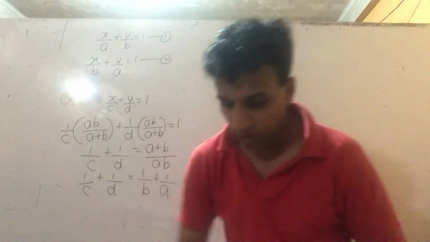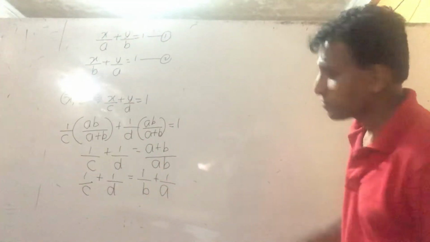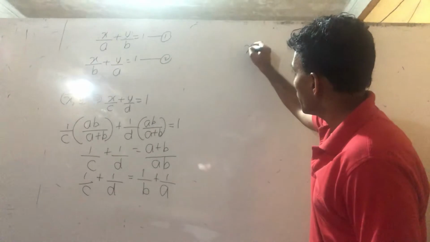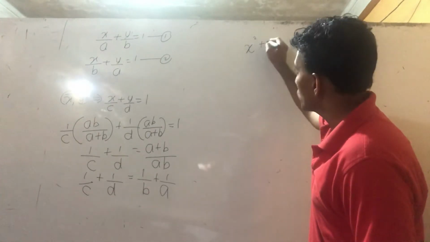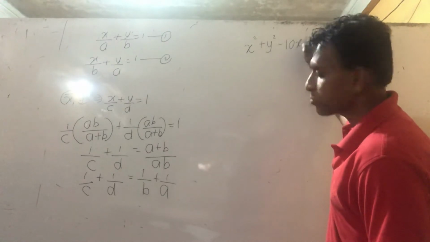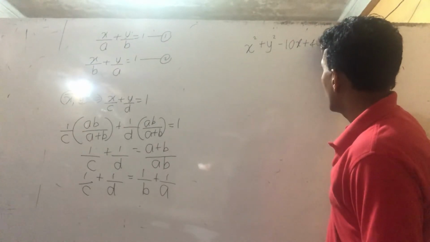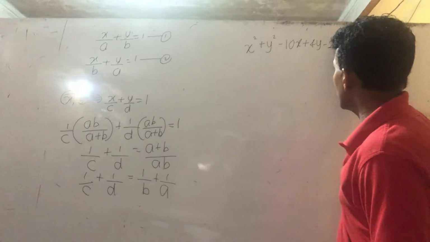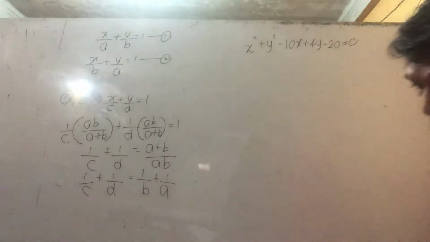So here, if the circle is x square plus y square minus 10x plus 4y minus 20 equals 0.